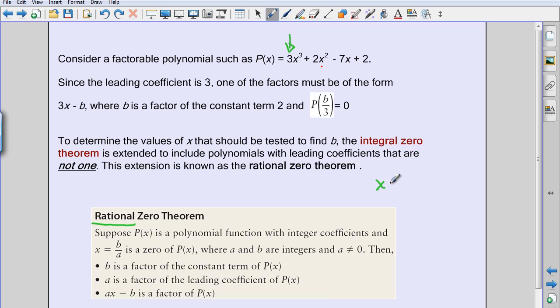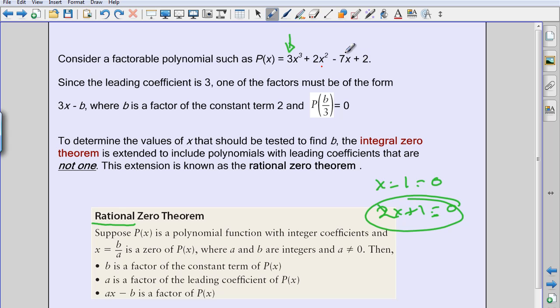So instead of just x minus 1 equal to 0, we might have a factor like 2x plus 1 equal to 0. The integral zero theorem helps us determine what numbers to test for the factor theorem. So what I want to determine is all of the possible factors.